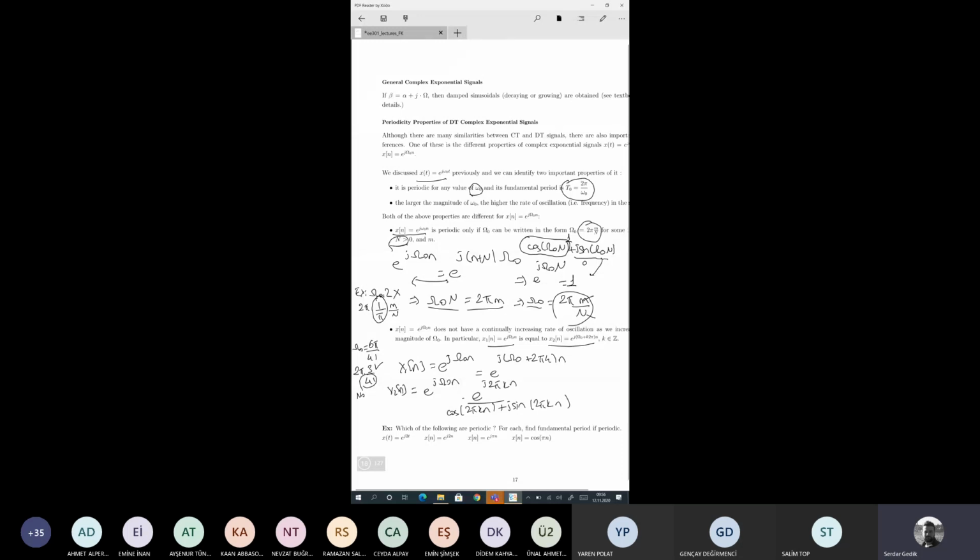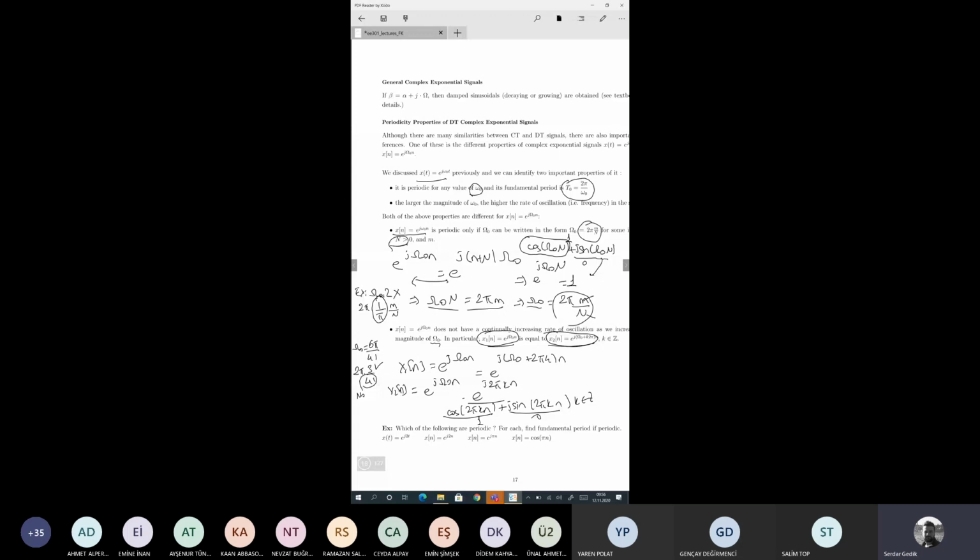So if k is an integer, then what is this? This is of course 0, and this is of course 1. So what does it tell you? Both x1 of n and x2 of n are equal. So it means that x of n does not have a continually increasing rate of oscillation if you increase omega 0.